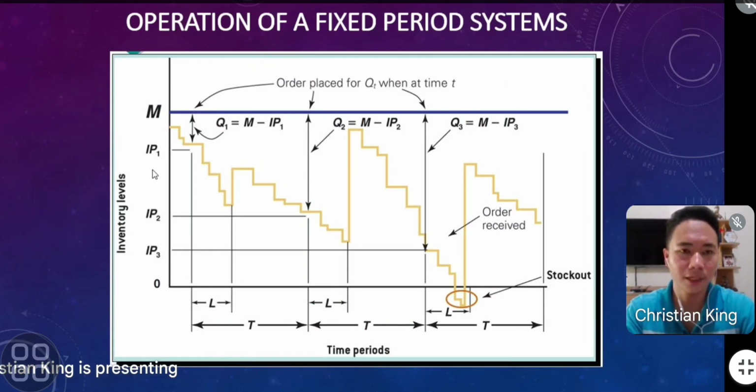The operation of a fixed period system has a formula and solution displayed in front of you. To add safety stock to the replenishment level of demand in an FPS, we can use the same statistical principles as with the FQS.